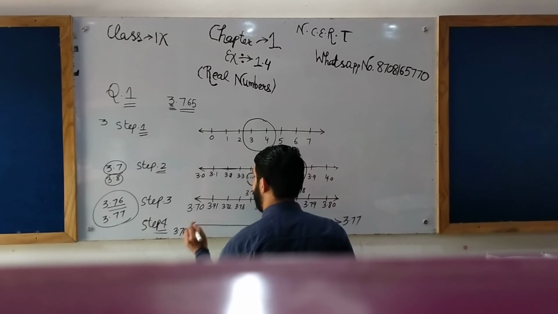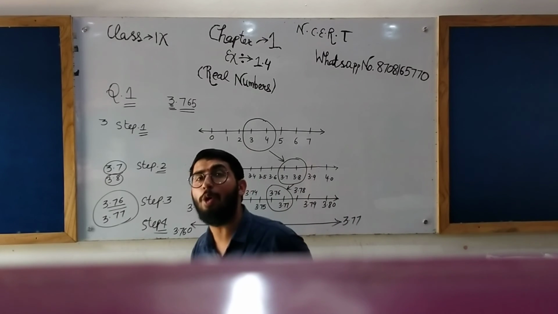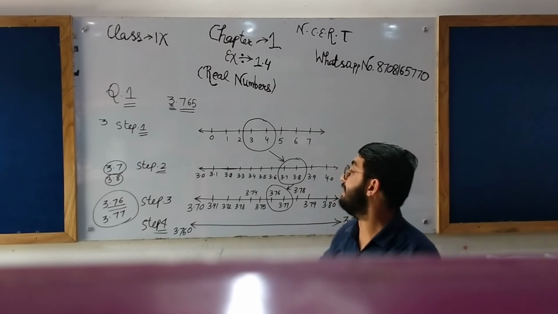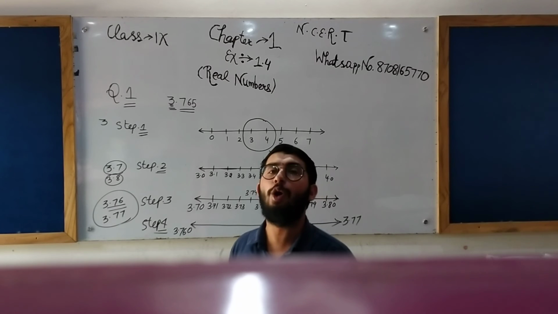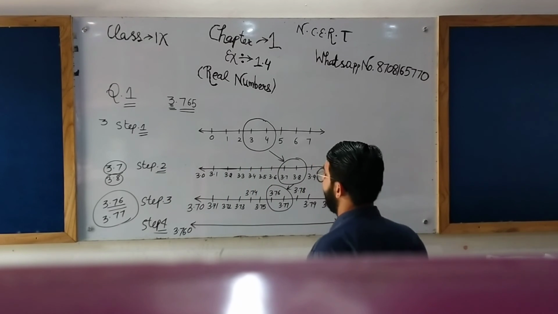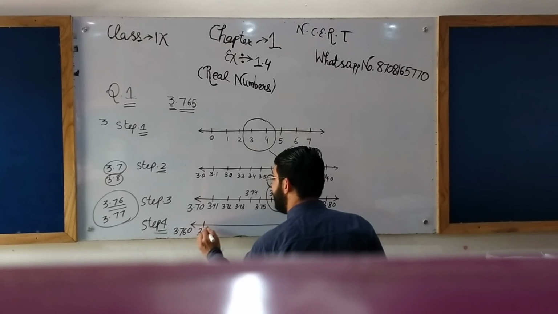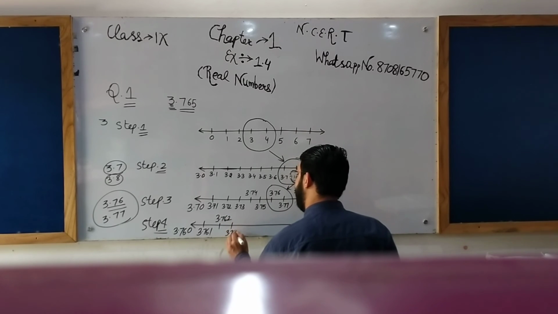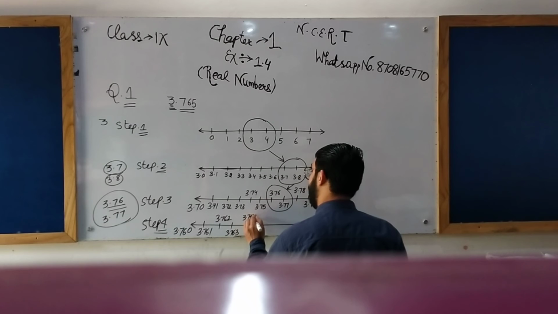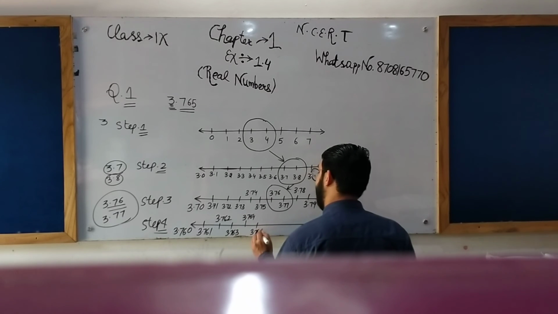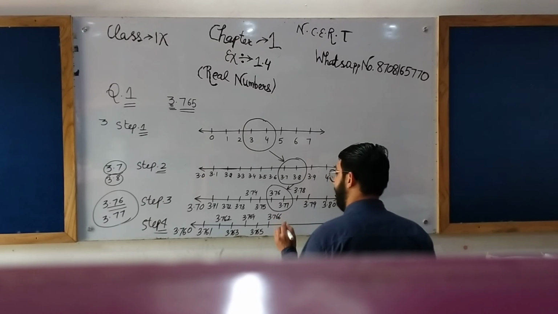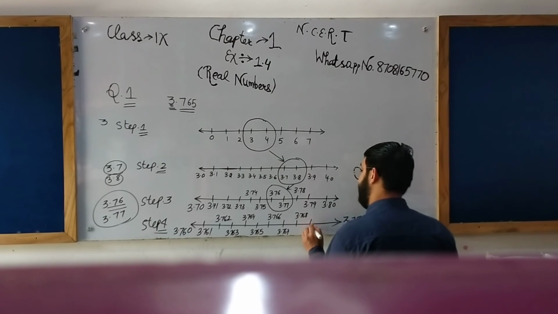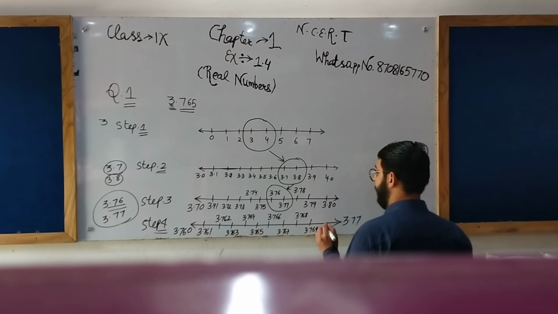You can write it as 3.760, because, as you know from all the exercises we have done so far, 0 doesn't keep any value after the decimal. 3.760, 3.761, 3.762, 3.763, 3.764, 3.765, 3.766, 3.767, 3.768, 3.769.